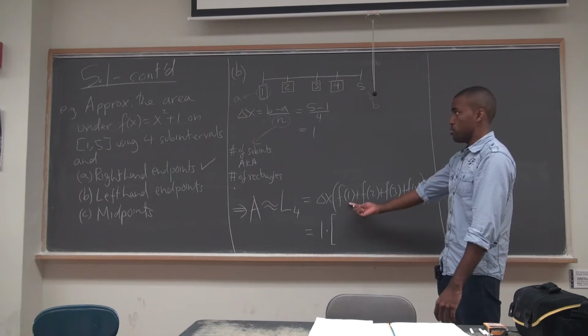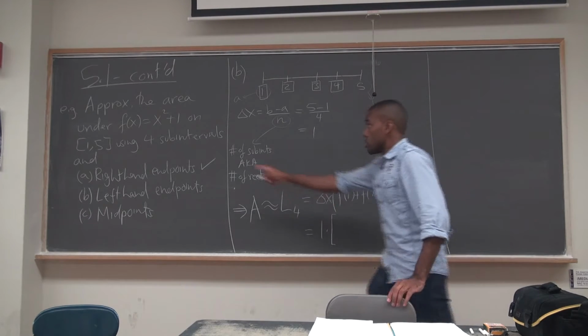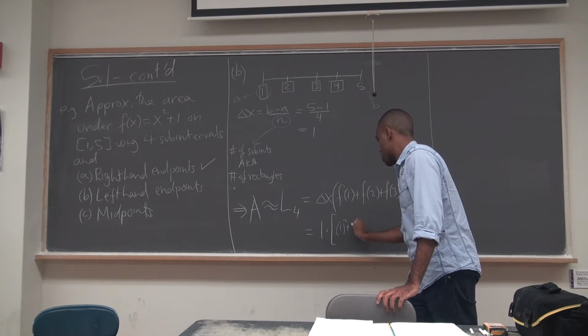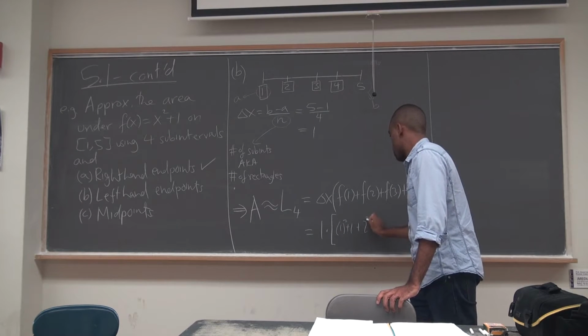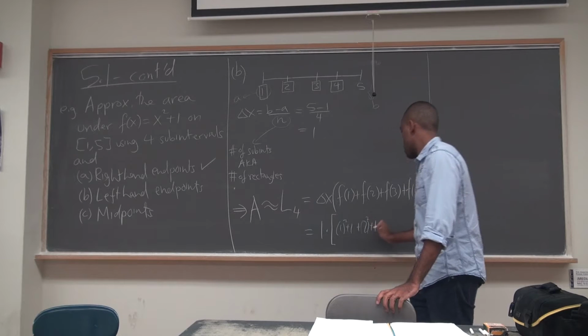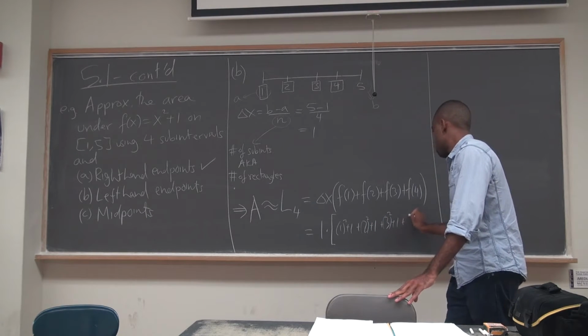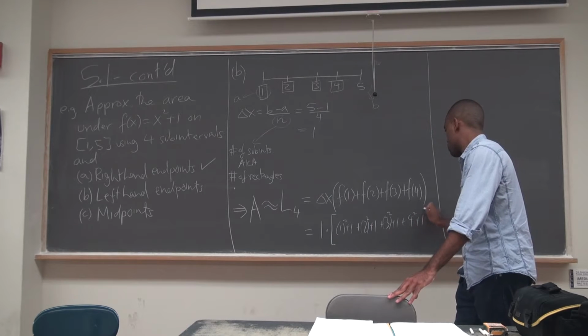And right now I'm just plugging these values into the original function. So that's 1 squared plus 1, plus 2 squared plus 1, plus 3 squared plus 1, plus 4 squared plus 1.